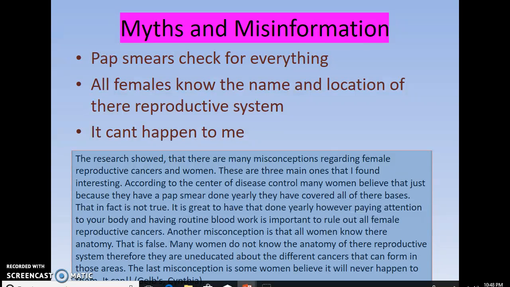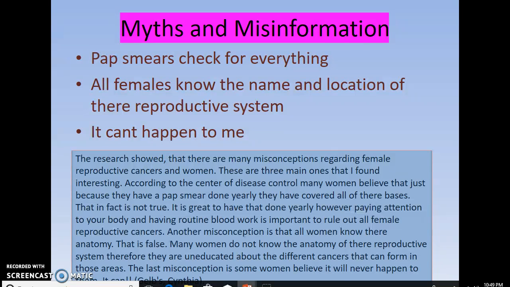When you feel like something's wrong or just not right, go and get checked. A lot of times you end up going in and it may be nothing at all. But sometimes, if they do find something, they may need a biopsy to make sure that it's benign, which just means non-cancerous. Either way, these are the misinformation and misconceptions.